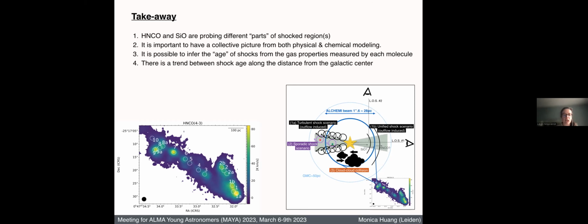I have a question: what is the amount of silicon you put in your grains in your chemical model? Do you vary that or not? So in our chemical modeling, there is initial silicon, right? We assume that 99% or more is depleted into the grain core.